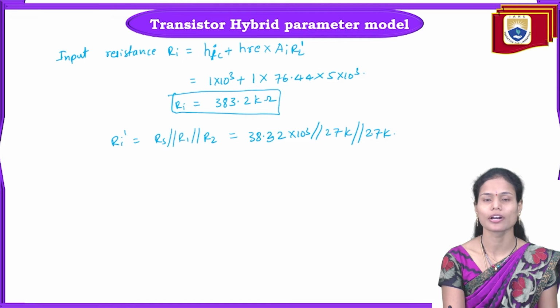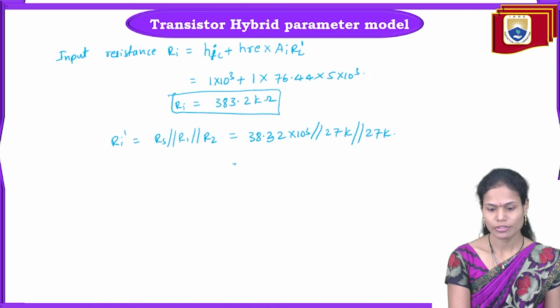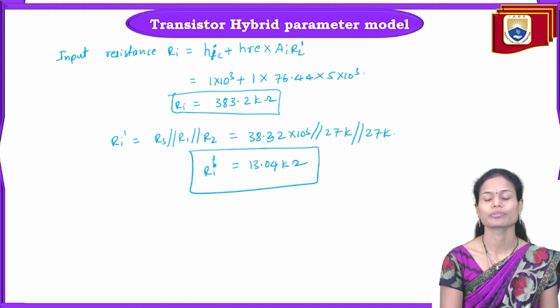Why? Because R1 and R2 both are 27 kilo ohms. If we calculate this, we will get 13.04 kilo ohms as the overall input impedance of the amplifier circuit.